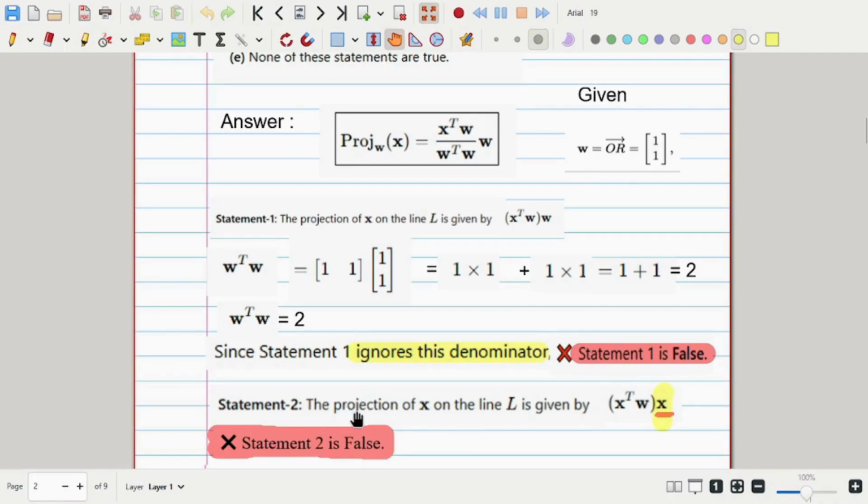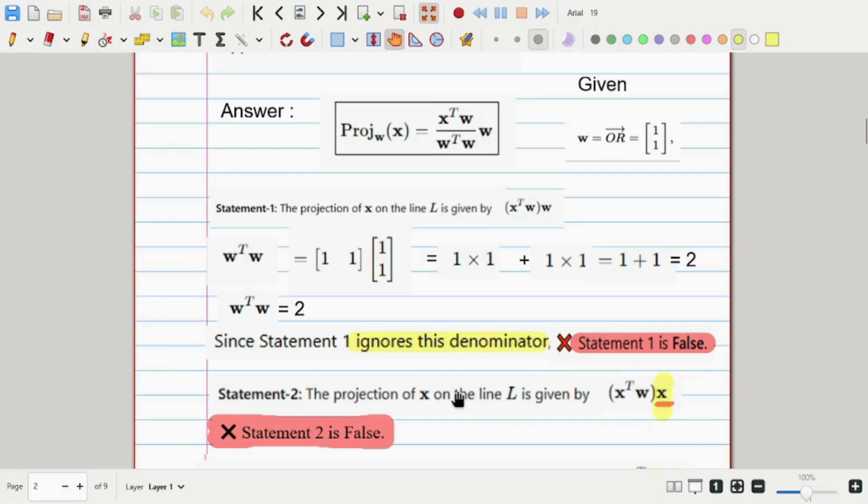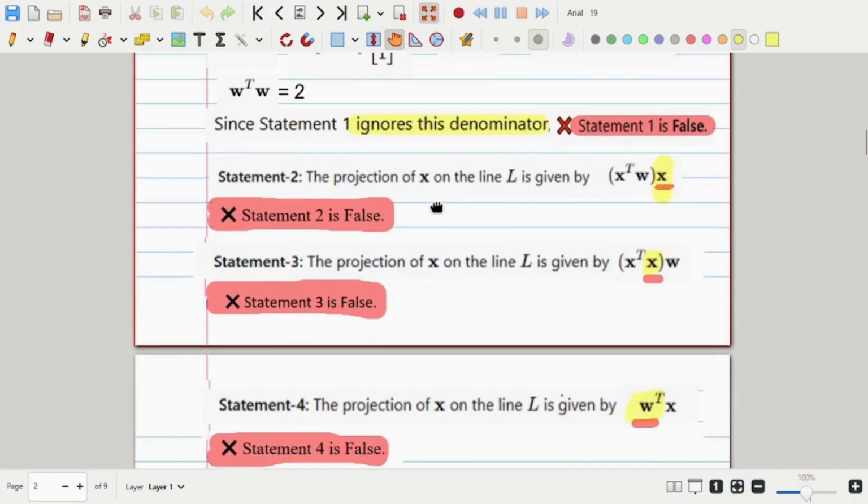Statement 2. The projection of X on the line L is given by X transpose W multiplied by X. In statement 2 it multiplied the term with this X vector, but the formula states that it should be multiplied with W vector. Therefore statement 2 is false.